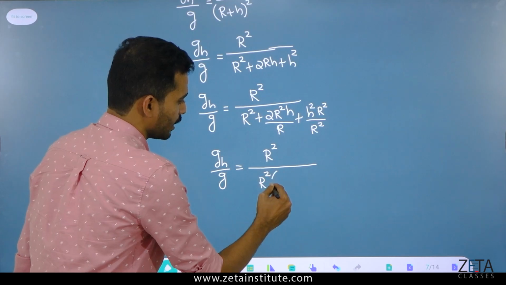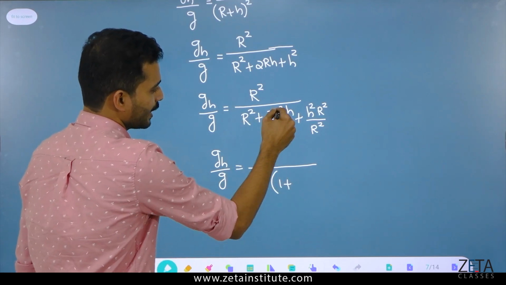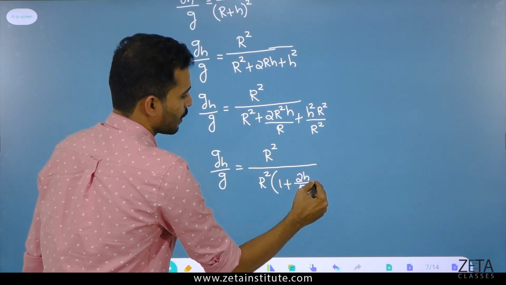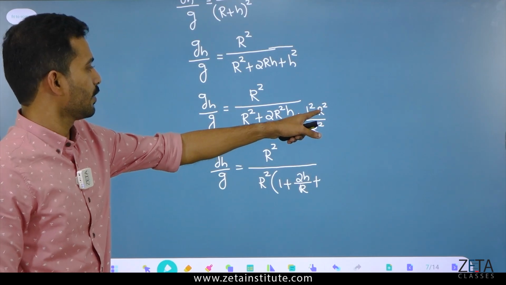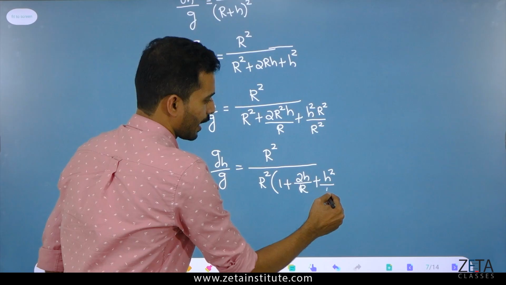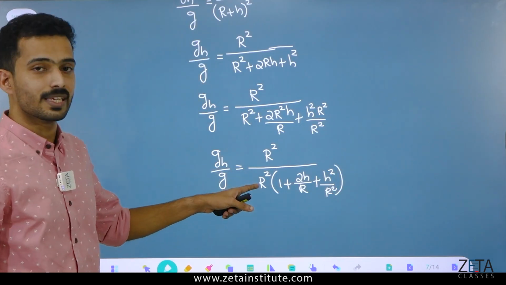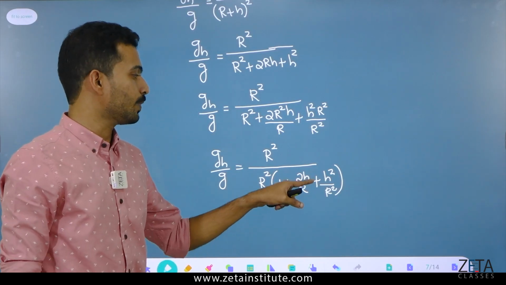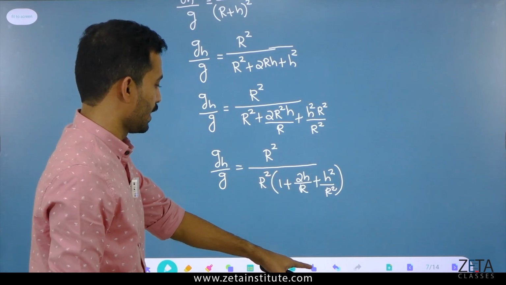R square into 1 plus, when we take r square outside, you will get 2h by r plus h square by r square. So that is gh by g is equal to r square divided by r square into 1 plus 2h by r plus h square by r square.